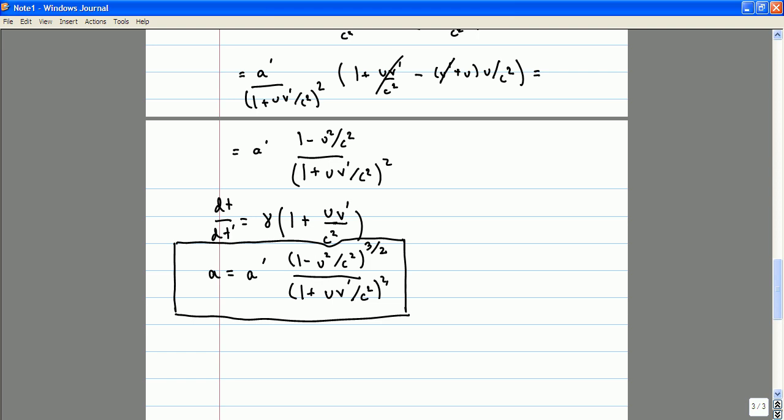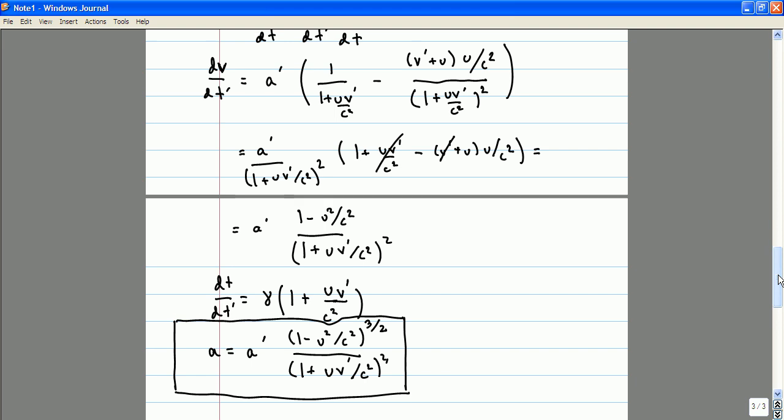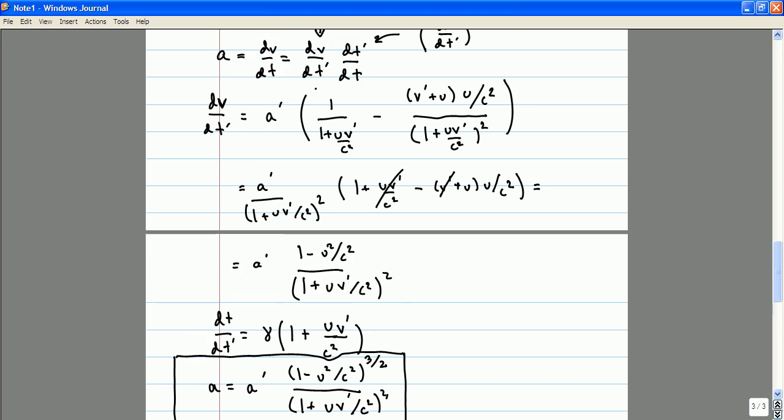Yes. I'm sorry about that. Good. Okay. So what was the acceleration? The acceleration is dv by dt. So I'm looking at this formula here: dv by dt prime times dt prime over dt.